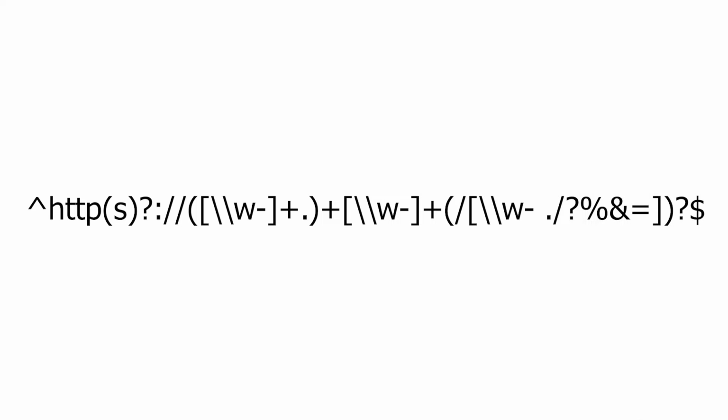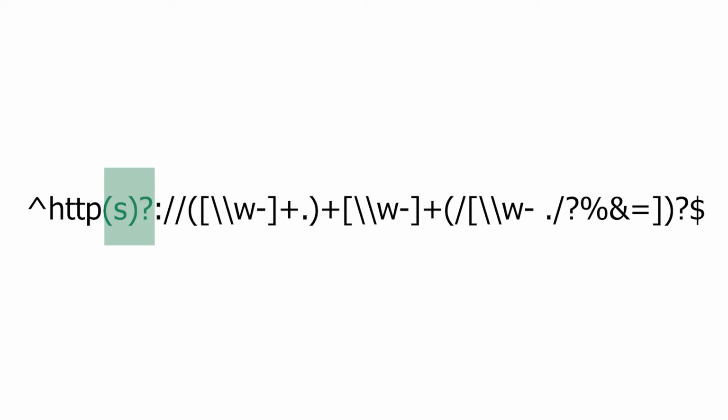In here, the first symbol asserts the start of the string, indicating that the pattern should begin matching from the very beginning of the input string. This part matches the string HTTP literally.